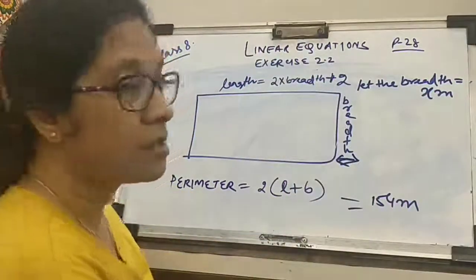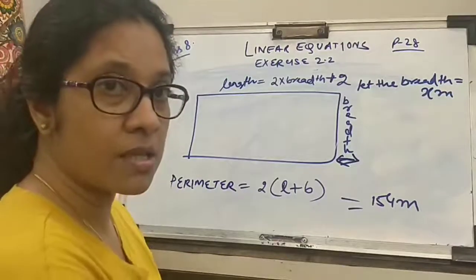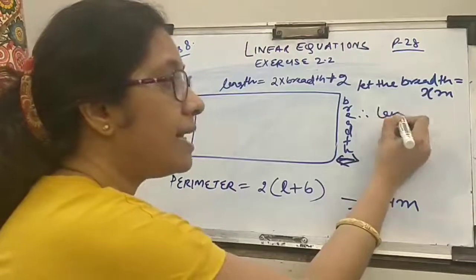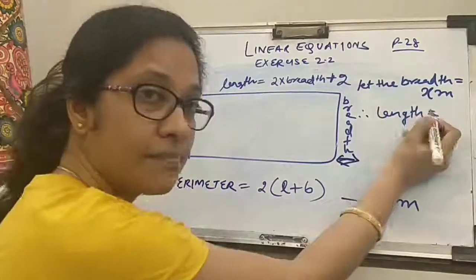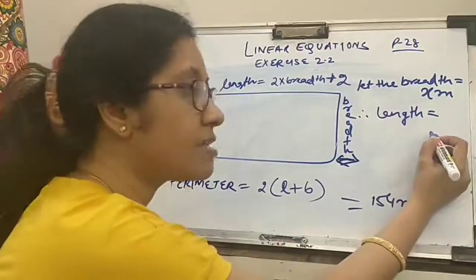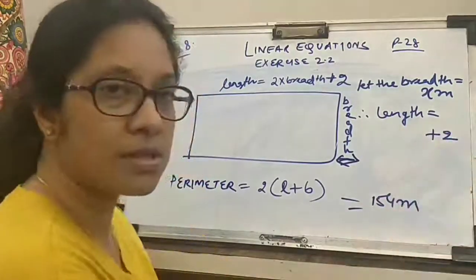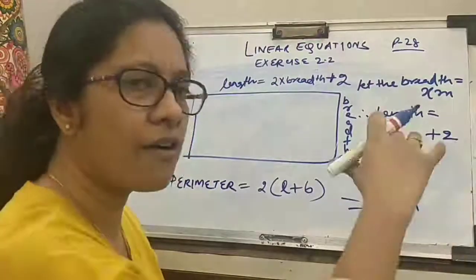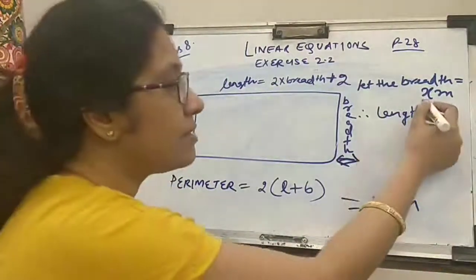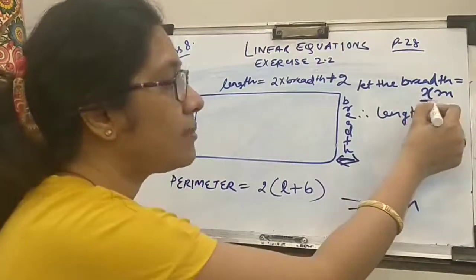Okay. So from the given relationship in the question, what do we have? Therefore, the length will be 2 more than, and 2 more means plus 2, of something. Of what? Twice of the width. What is twice of breadth? I have taken breadth as x.